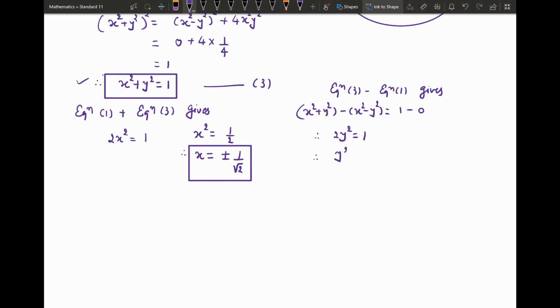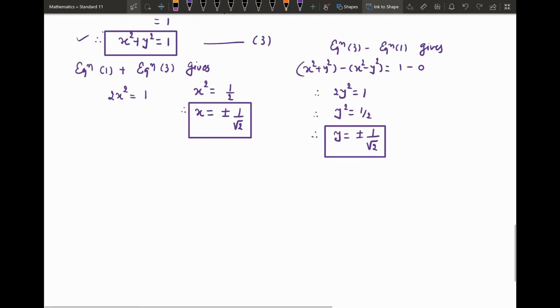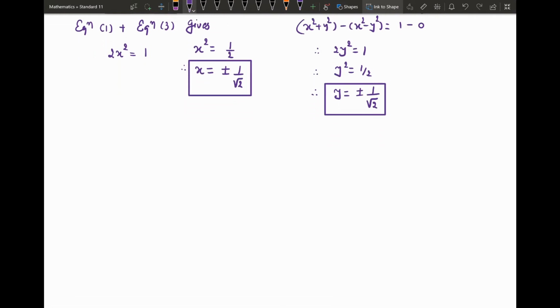So y square equal to 1 half, and therefore y equal to plus minus 1 upon root 2. So as we have discussed, either both positive or both negative, positive into positive will be positive, since xy is greater than 0.